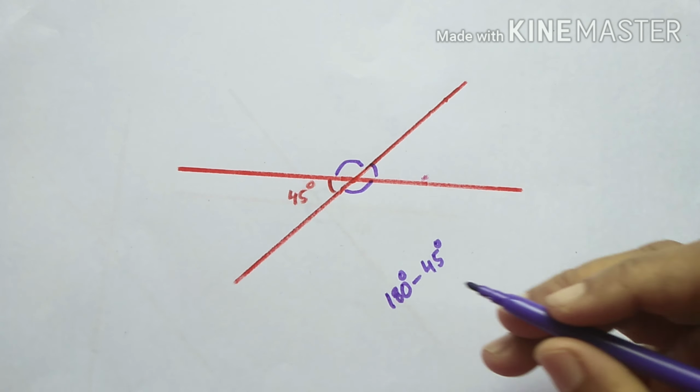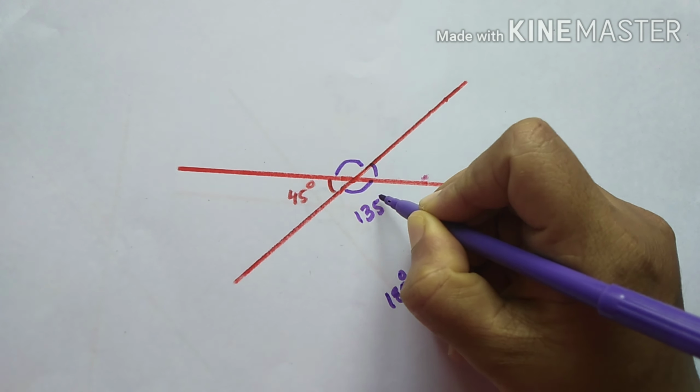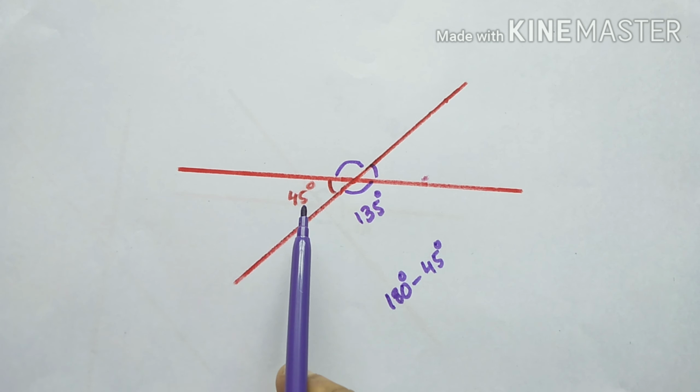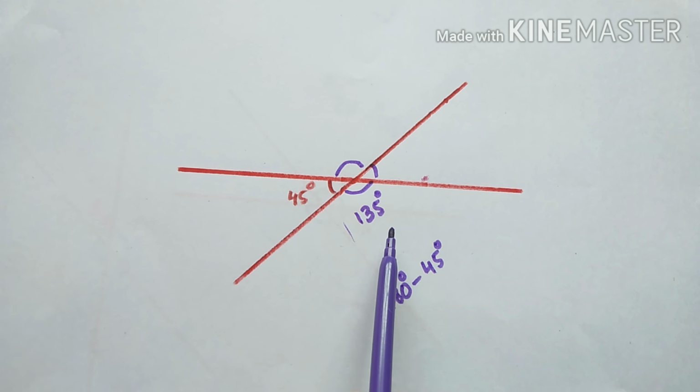Answer is 135 degree. So we find only this angle. We already studied that vertically opposite angles or opposite angles are equal.